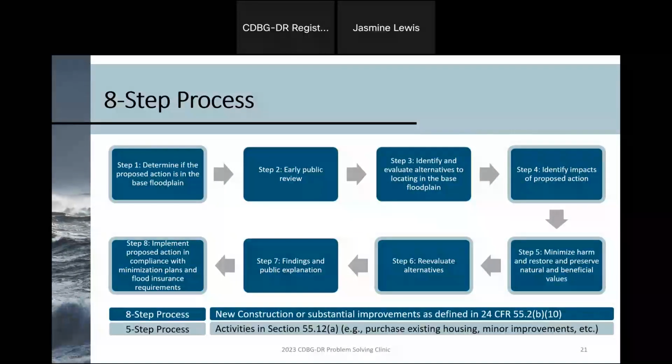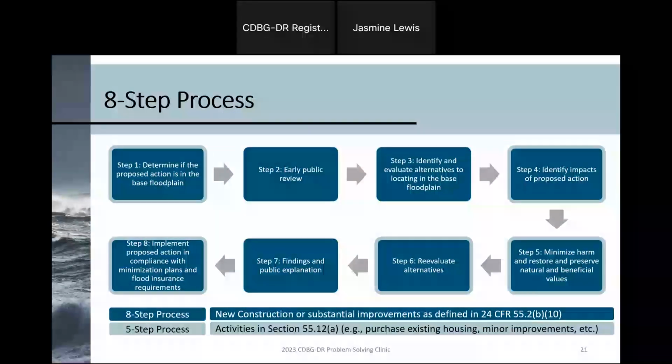If you have new construction or substantial improvements, you're going to follow the 8-step process, which is outlined before you. However, if your project scope is more limited, such as the purchase of existing housing or rehab or repairs of a unit, you will have a reduced 5-step process, which is color-coded before you.